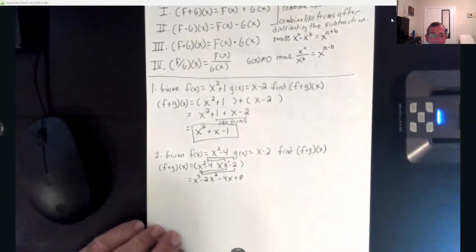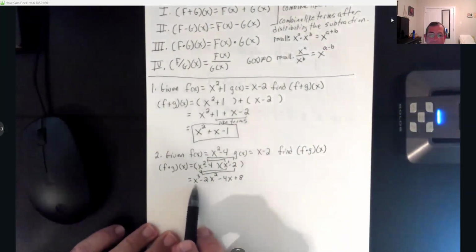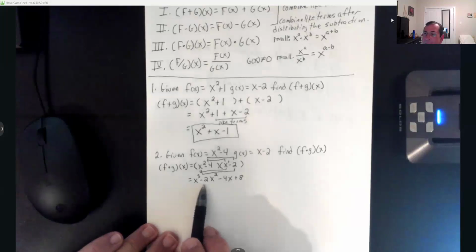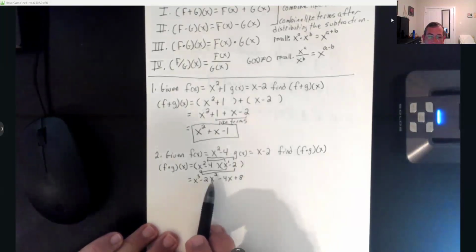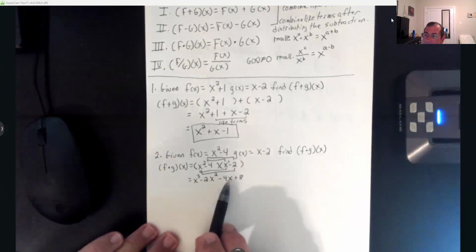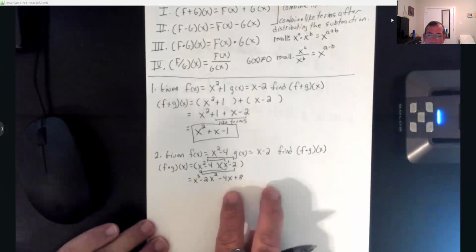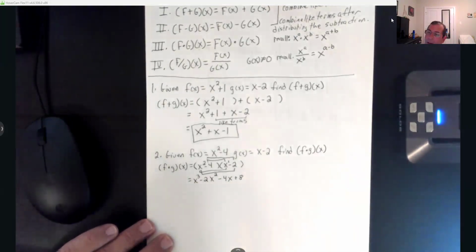Now notice, this one has no like terms. I cannot add anything together because x cubeds don't add to x squareds. Neither one of those adds to x's, and none of those will add to the 8. Since I have no more like terms, that would be our final answer.